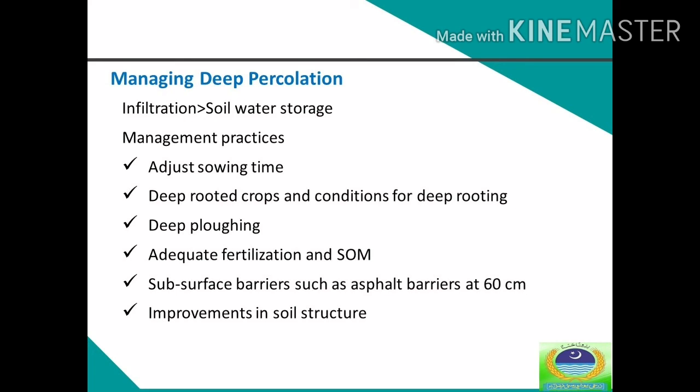Although adding organic materials to soil has proven its benefits for improving water retention, improving soil structure, and root proliferation, and thereby reducing deep percolation, such improvements under dryland conditions are difficult to achieve.